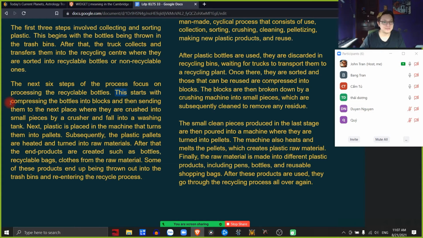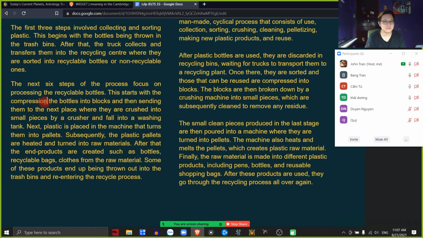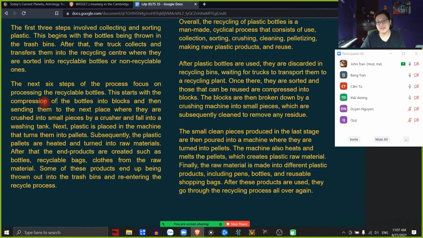I think it's better to use real nouns. Tốt hơn hết là dùng những cái danh từ thực sự của nó. Compress the bottle. Compression. Nên là dùng những cái dạng danh từ thực sự của nó tốt hơn. They start with the compression of. Mà điều này bắt đầu với cái sự nén của những cái chai này into blocks.